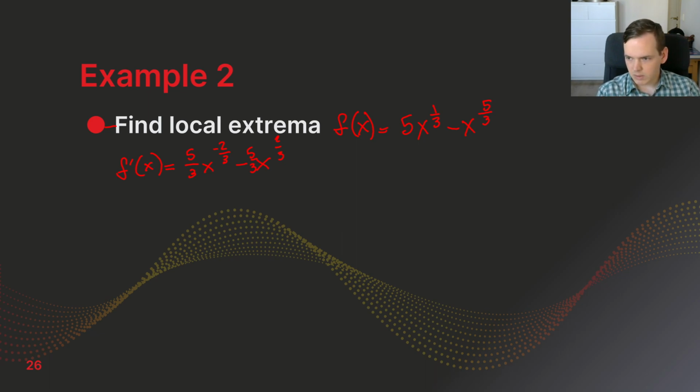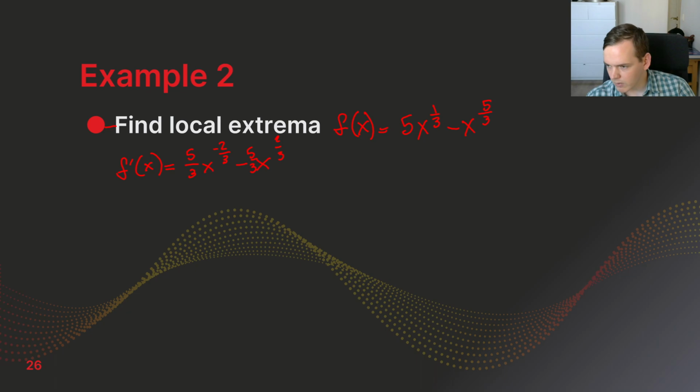So 0 is equal to, we'll find our zeros. y is equal to 5/3 x to the negative 2/3 minus 5/3 x to the positive 2/3.